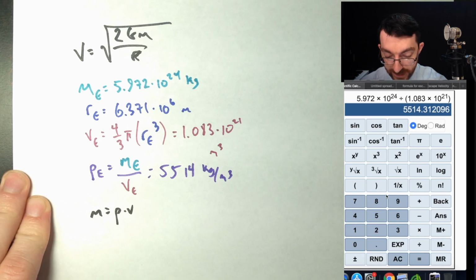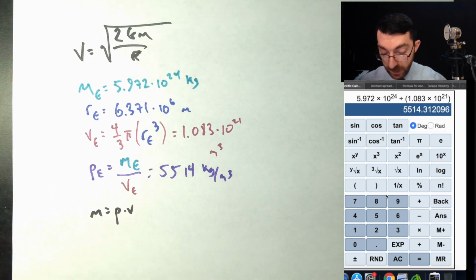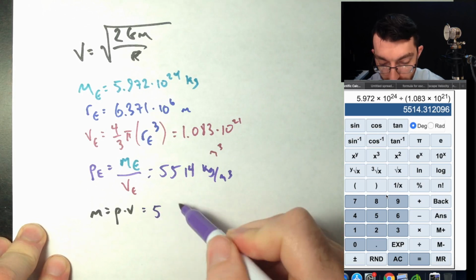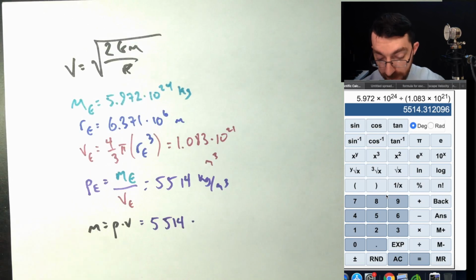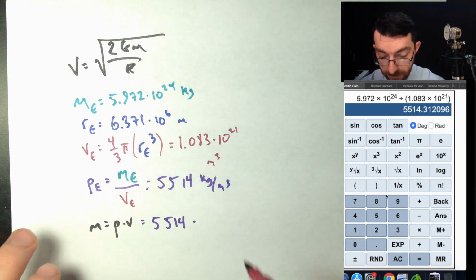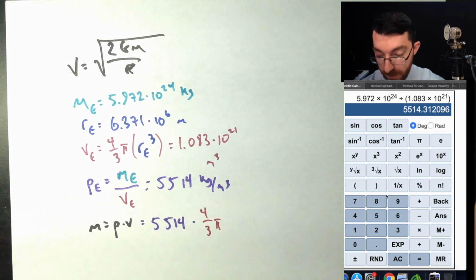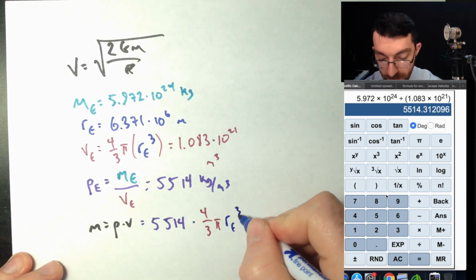Okay, so if that's the case, that means that the mass of the Earth can be represented by 5,514 times, now the volume, which is 4/3 pi radius cubed.